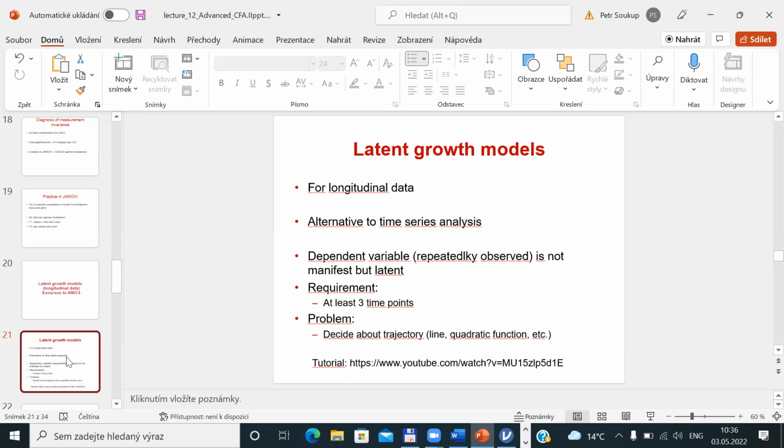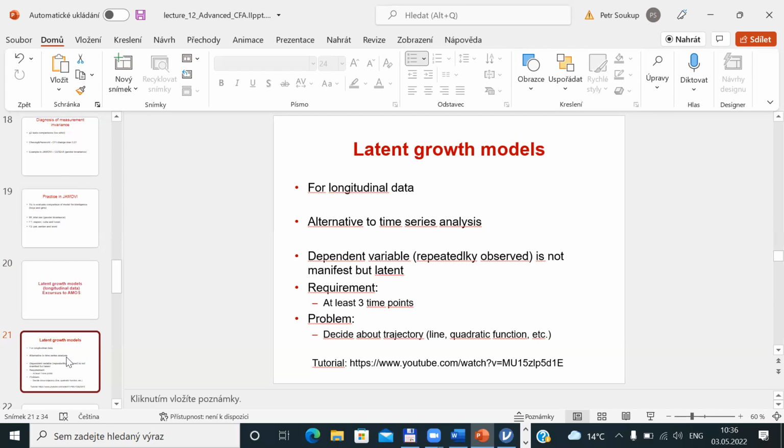If you have some repeated observations, the classical approach in statistics is usually based on approaches called time series analysis. This latent growth curve model could be seen as an alternative, especially in structural equation modeling, for these time series.